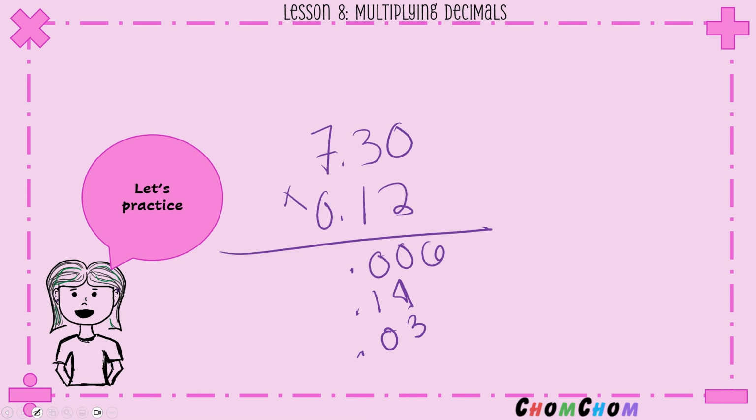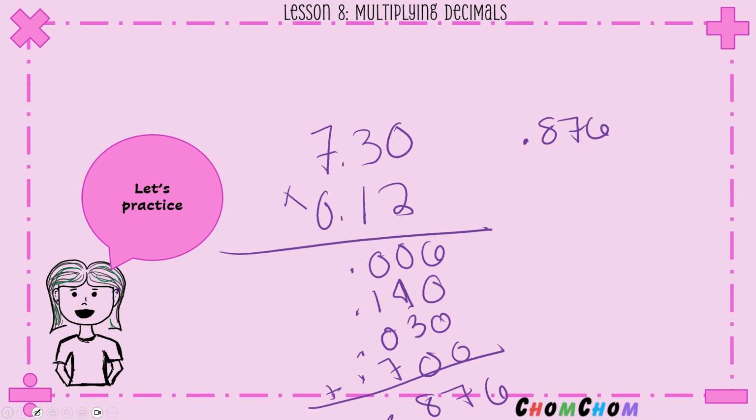Then we do 1 tenth times 7. And this is why placeholder zeros are important, so you can line everything up. So 6, 7, 8. Final answer.